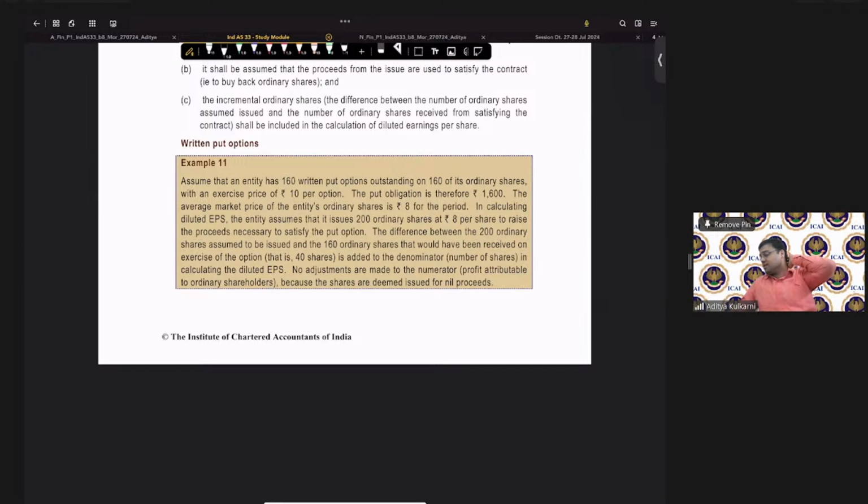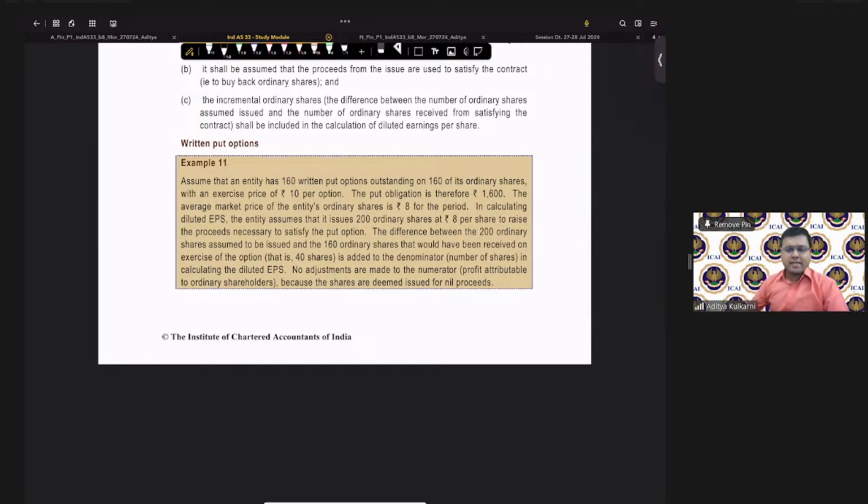Yes or no? The opposite party is under an obligation to buy if I sell. So in this case, the entity has a written put option. That means it is under an obligation to buy back its own shares if the opposite party has put it for sale. Are you able to follow? So a written put option is essentially an obligation to buy back.